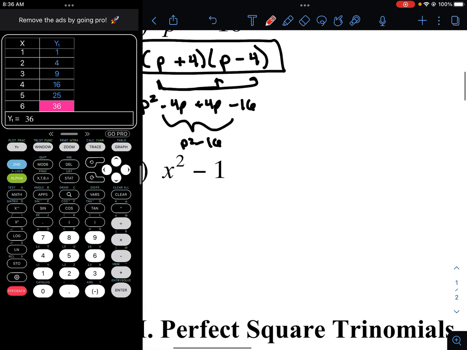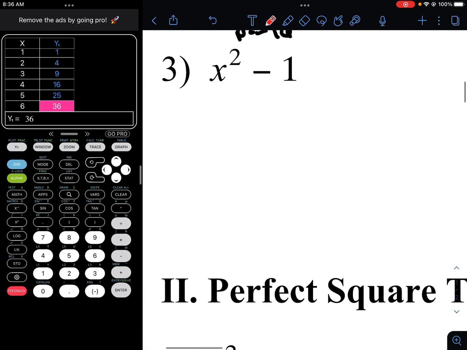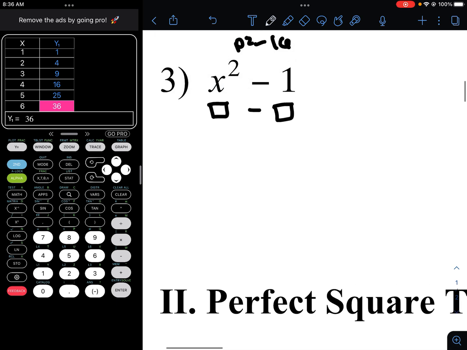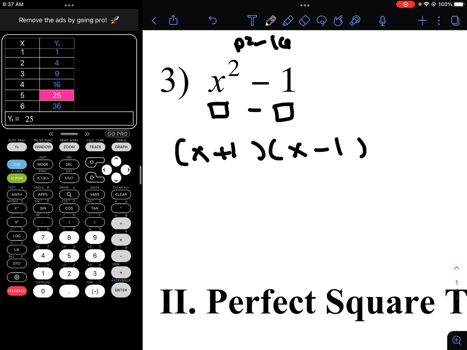For number 3, 1, it's a little sneaky, but it is a perfect square. So I like to draw this when I notice the perfect squares. That just tells me I have a perfect square pattern, x plus 1 and x minus 1. That is the perfect square of 1 and its square root.